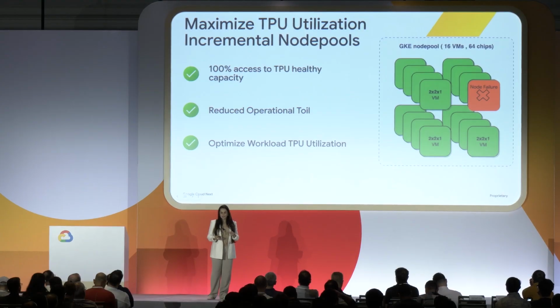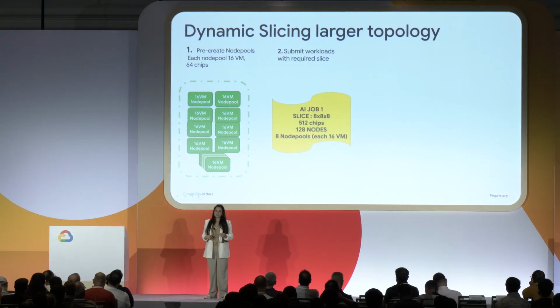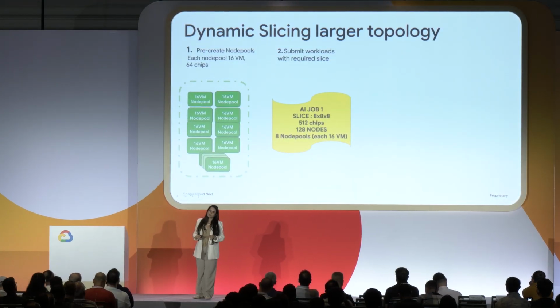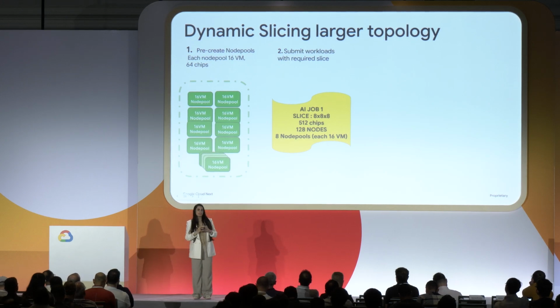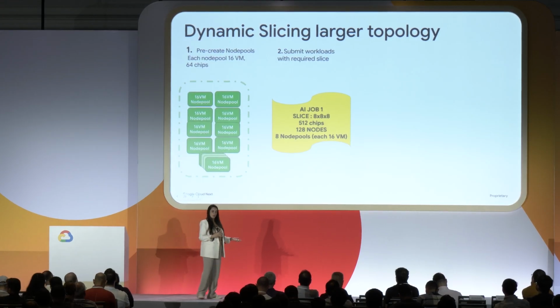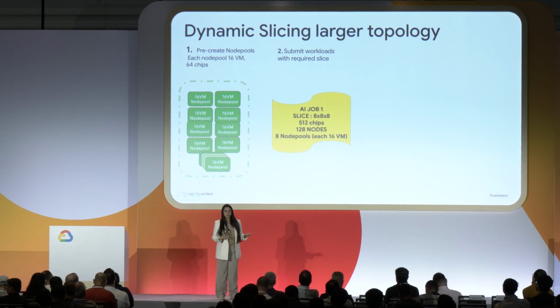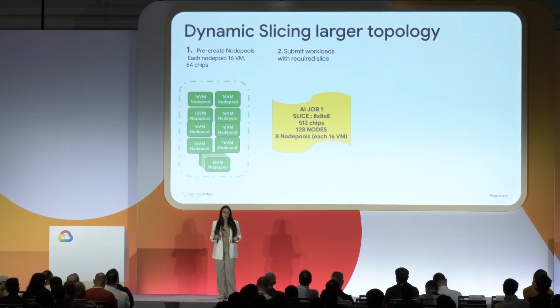Now I'm going to switch to forming larger slices with dynamic slicing. We saw the smaller slices being bin packed into a node pool. Now what happens when I want the slice to be greater than 16 VMs? In this case, I have a job that needs about 128 TPU VMs, 512 chips.